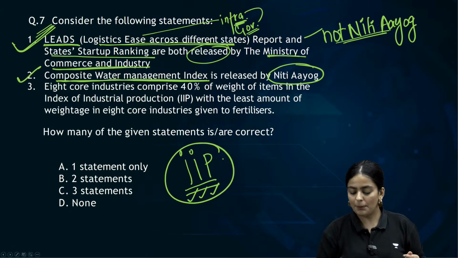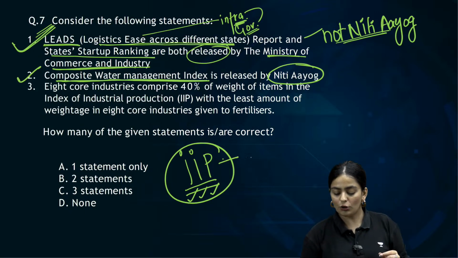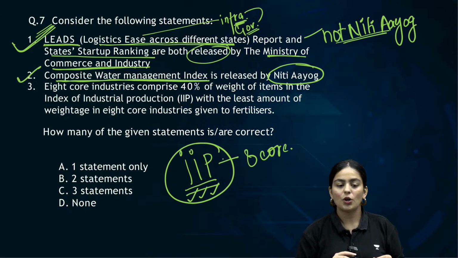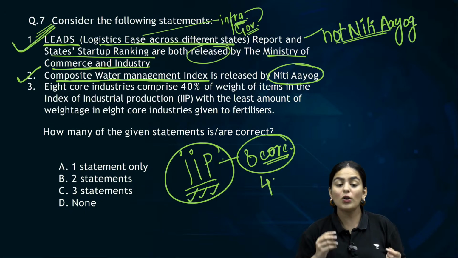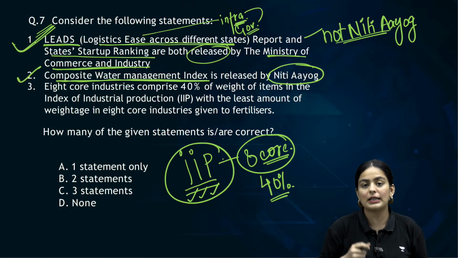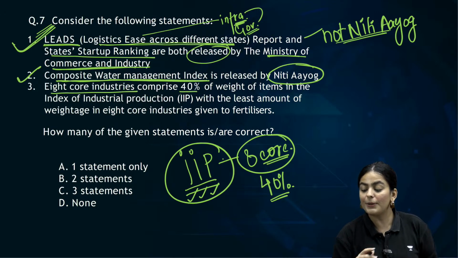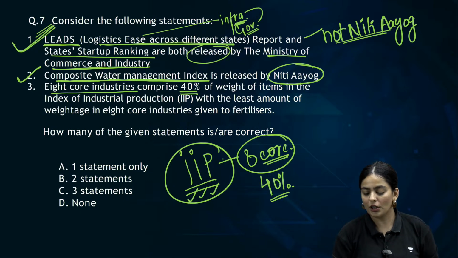So in IIP, there is a core group, 8 core industries, which have a weightage of 40%. Those are called the 8 core group industries. I'm sure you have done this in your economy classes. So 8 core industries comprise 40% of the weight of items in the Index of Industrial Production.